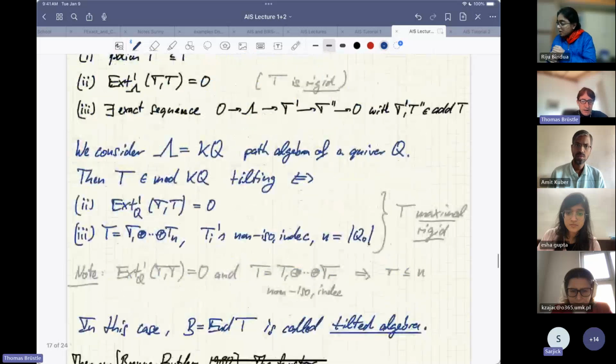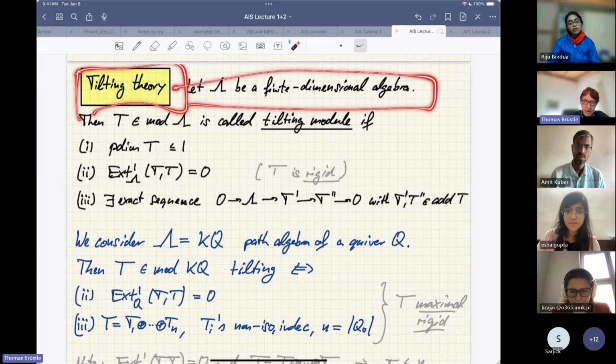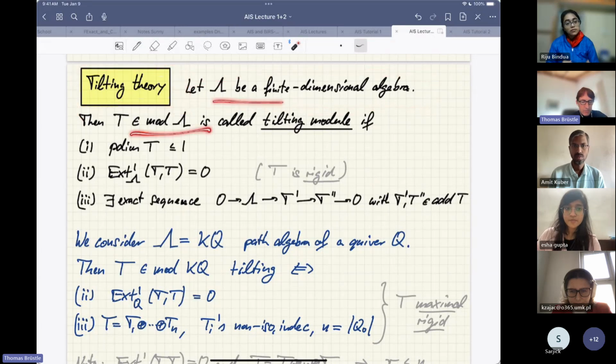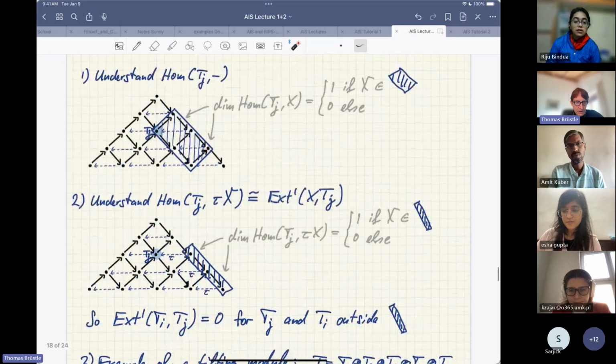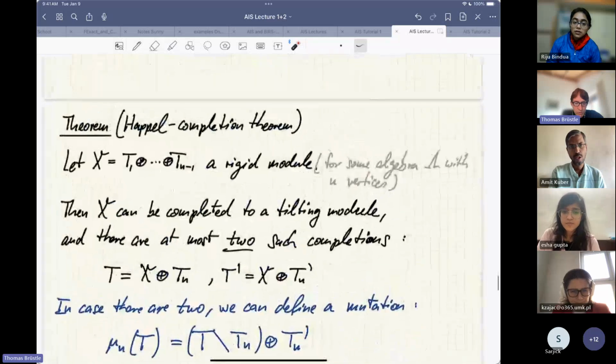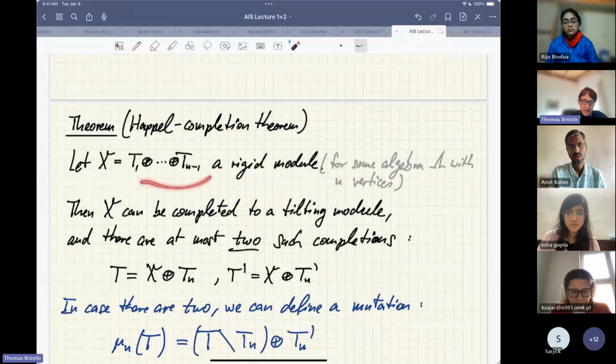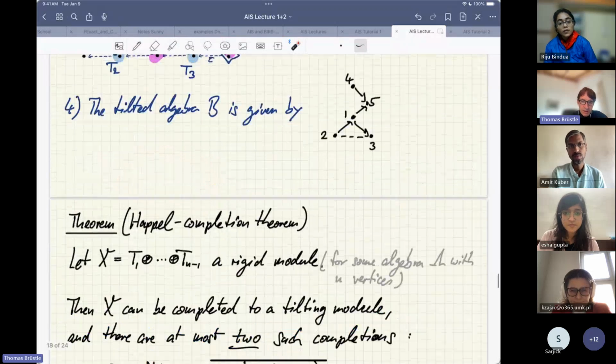That whole section here was tilting theory, classical module theory. We have modules over finite dimensional algebras. And Happel's result tells us that there are at most two completions of a module that is rigid and is missing just one summand.